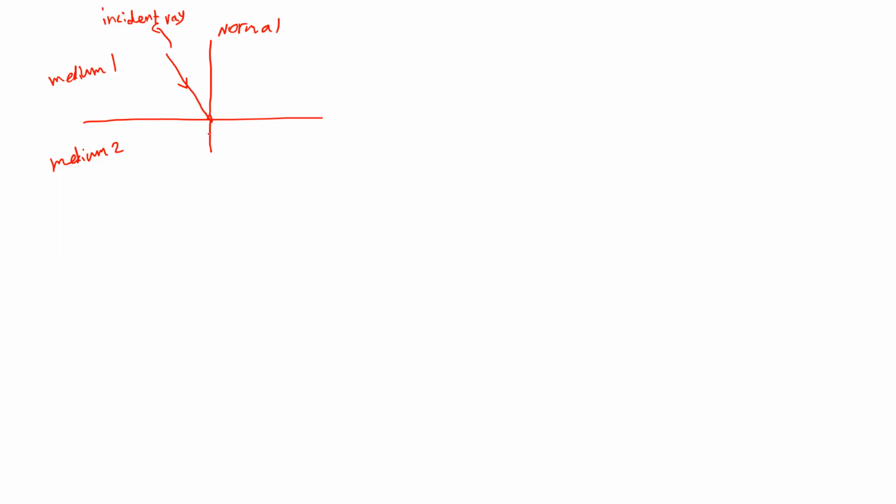So something like this, it comes here. This is the refracted ray, and this one is the angle of refraction, theta r, and this one is the angle of incidence, theta i. So theta r is smaller than theta i if medium 2 is a slow medium.